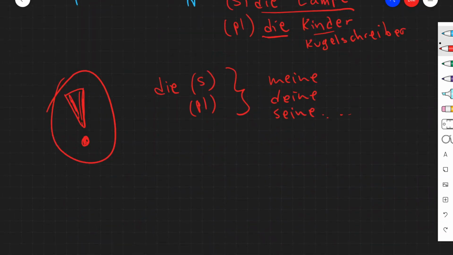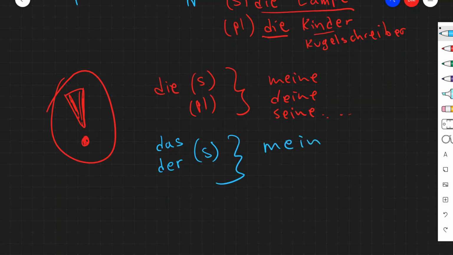But if the nouns are in singular and the articles are das und der, das und der, singular, then you drop the E at the end and you say mein, dein, sein, and so on and so forth.